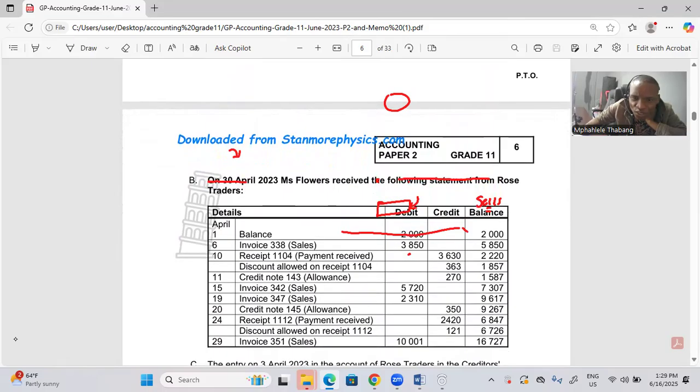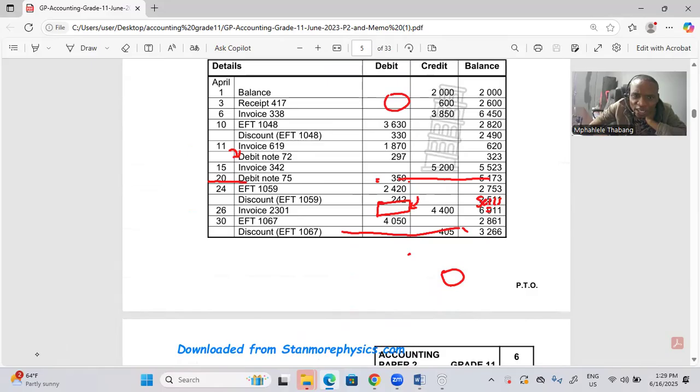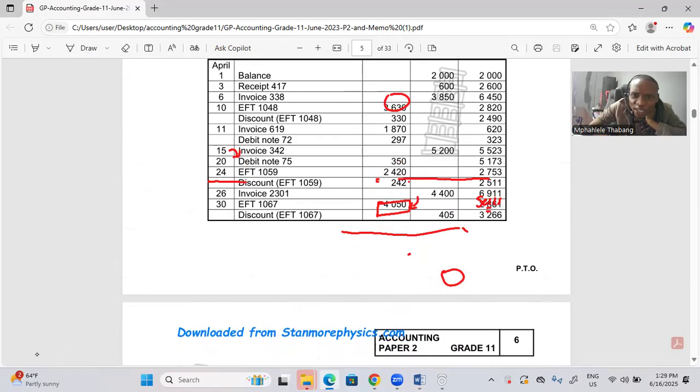You can see now in the statement on the 11th, they recorded credit note of 270. And in the creditors ledger on the 11th, we recorded debit note of 297.